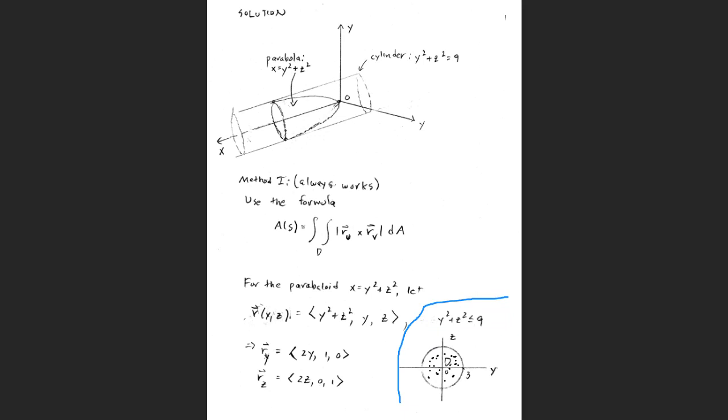So radius goes from 0 to 3. That's right, Lexi. What about the angle theta? You're tracing out a whole circle, starting from here all the way to here. That's one revolution. Theta goes from what? What are the limits? 0 to 2 pi. Very good.